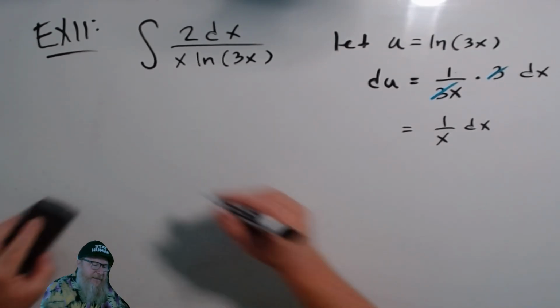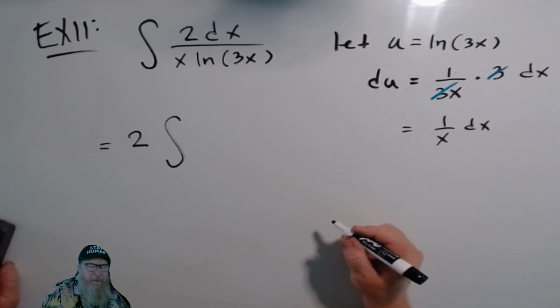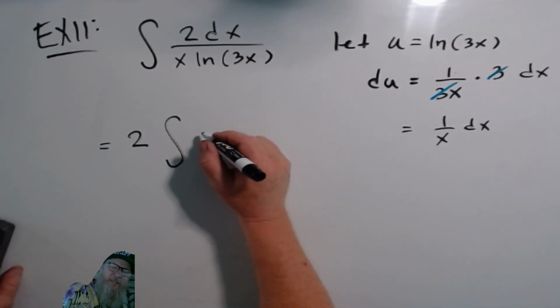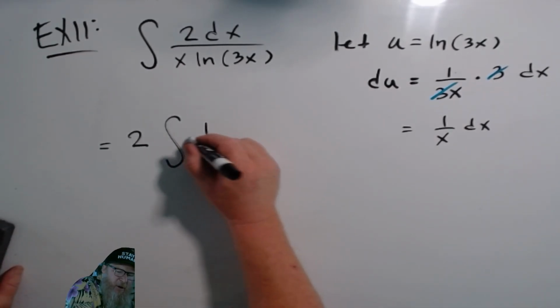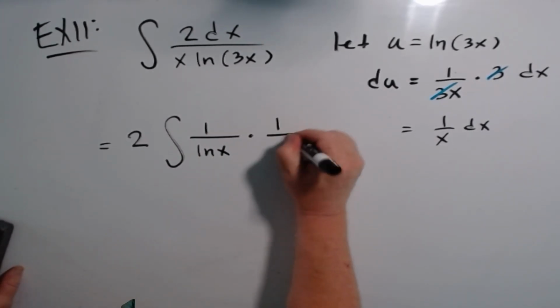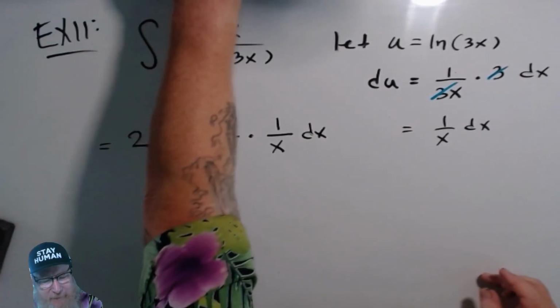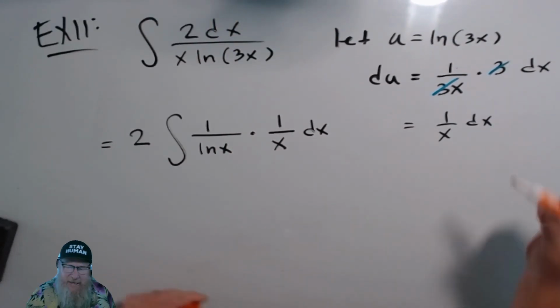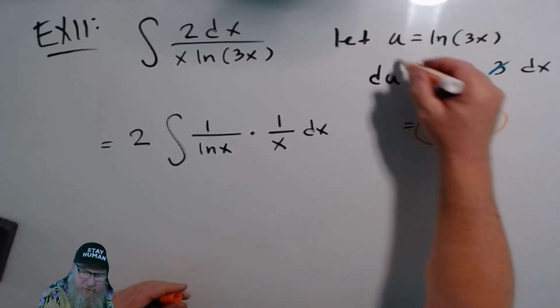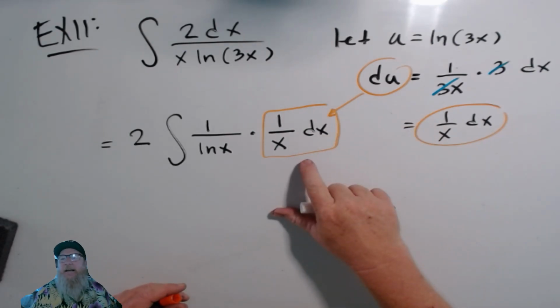So when I rewrite this, the first thing I'm going to do is bring my 2 outside. Then I'm going to write it as, watch how I write this, 1 over ln of x, 1 over x dx. I'm trying to illustrate that the du is off to the side.